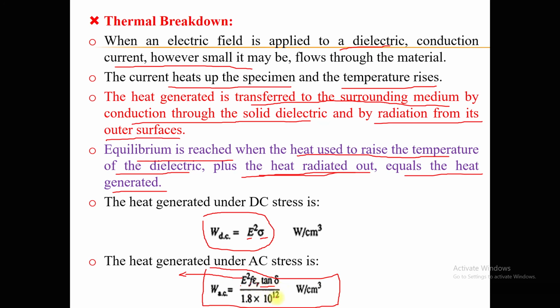In case of the AC stresses, the heat generation is somewhat more as compared to the heat generated under application of DC stress, because in case of AC there is a frequency, and the heat generation is proportional to the frequency of the supply.